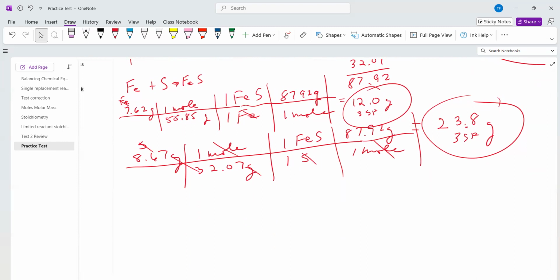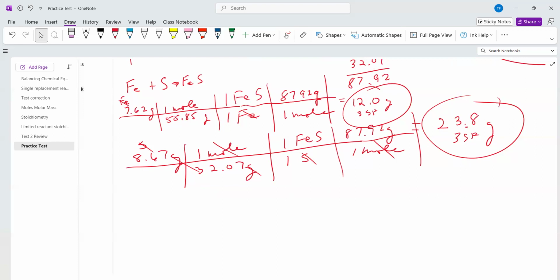After the reaction goes to completion, how much iron is left over? Now, this is something you need to remember. Limiting reagents get totally used. So that means we have 0 iron left.